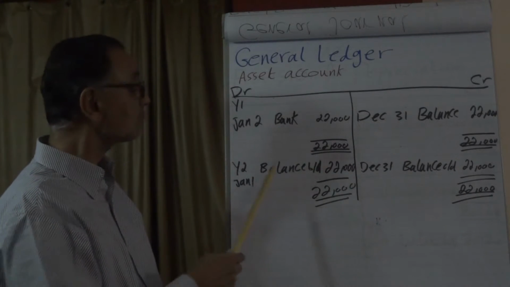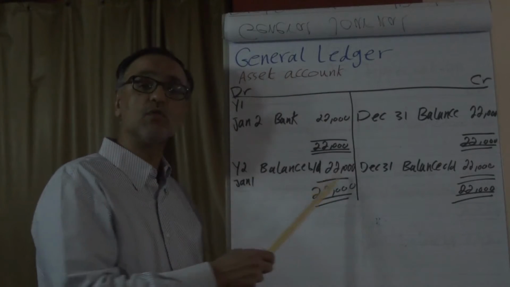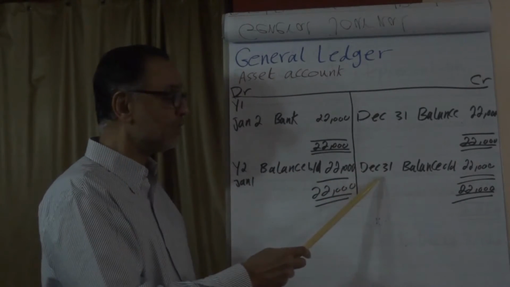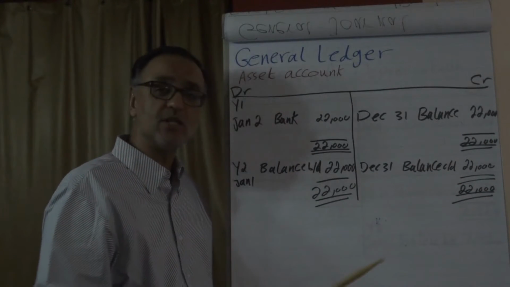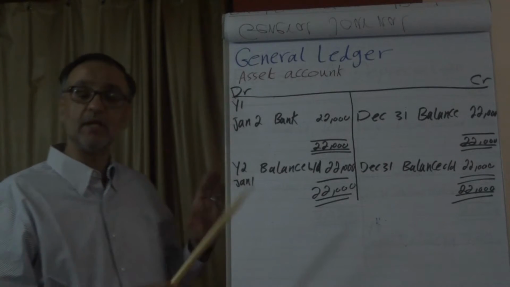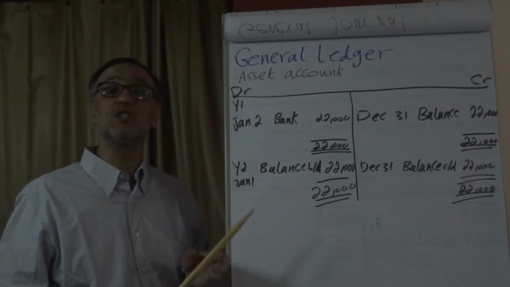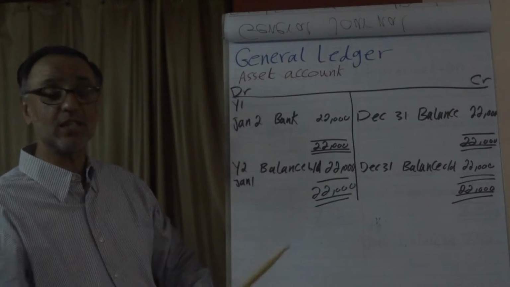In year 2, on January 1st, you have the balance brought forward, 22,000 as it is. At the end of year 2, December 31st, the balance is 22,000 as it is. It continues with no change. The only change will happen, as you will see in part 3, when we do the disposal of the asset. But for now, it stays as it is.